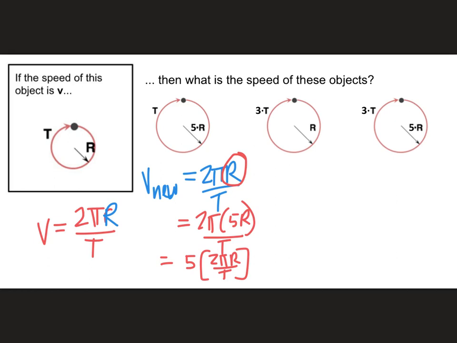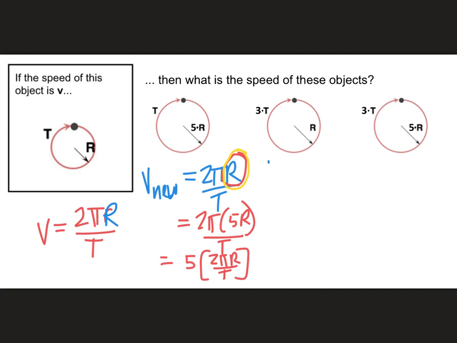But really, I could have just thought about this by looking at the original formula and saying, well, the 2 doesn't change, the pi doesn't change, the T doesn't change. The only thing that changes is R, and it changes by a factor of 5, so v changes by a factor of 5.